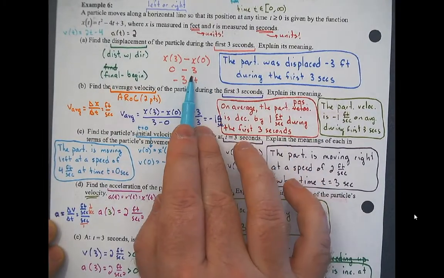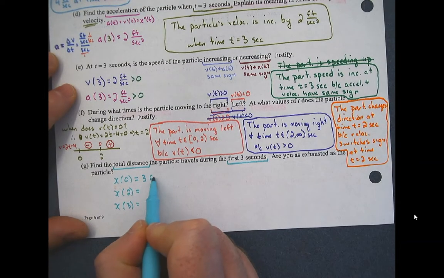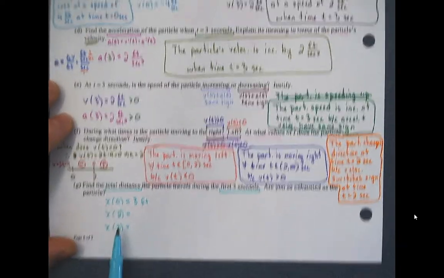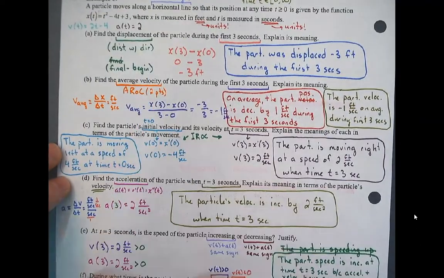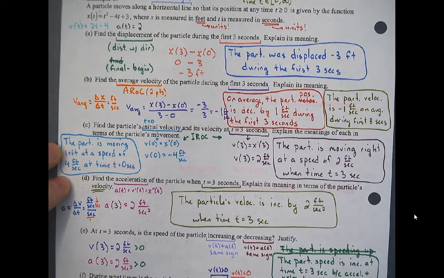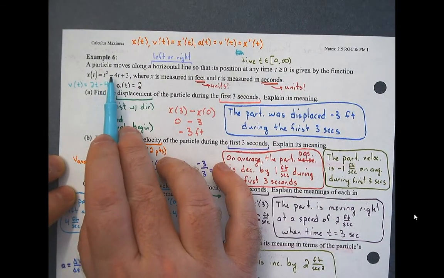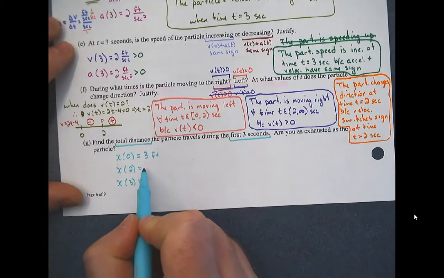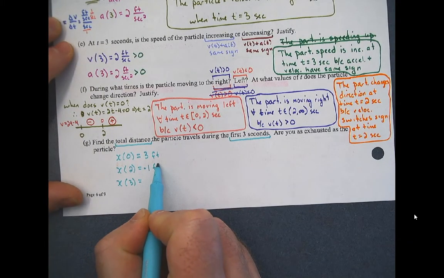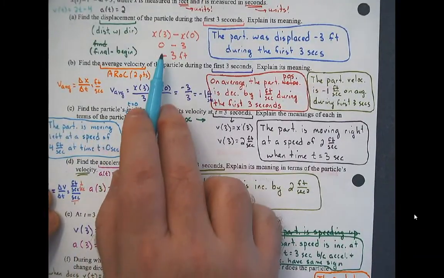X of 0 we got to be 3. X of 2, no, we didn't do that one yet, so we're going to have to calculate that. We did V of 2, we didn't do X of 2. So X of 2 would be 4, take away 8 would be -4, plus 3 is -1. And then X of 3, we already did that. I think it ended up being 0.